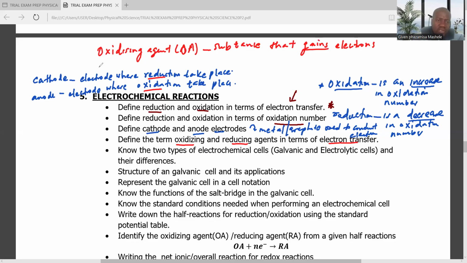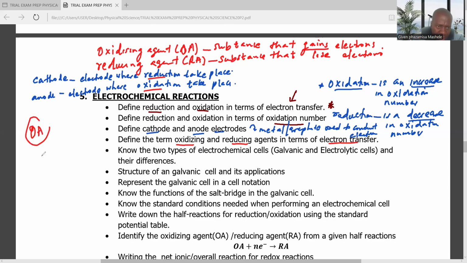Whereas a reducing agent, which is the RA, is a substance that loses electrons. So it means oxidizing agent has to do with reduction. Reducing agent has to do with oxidation. We'll talk about this.